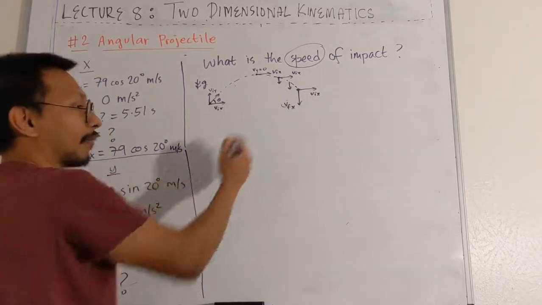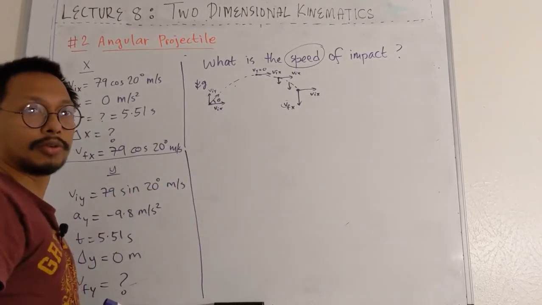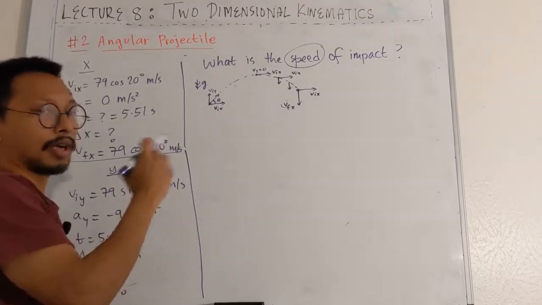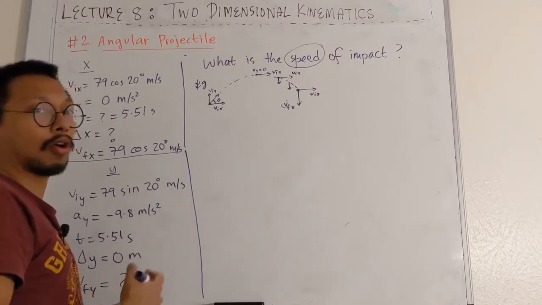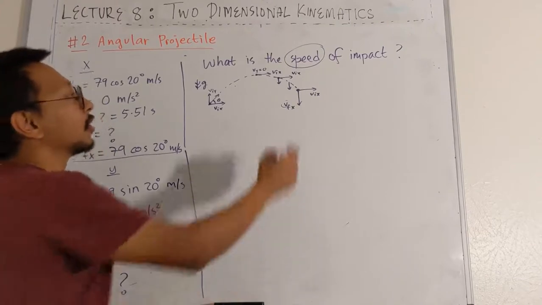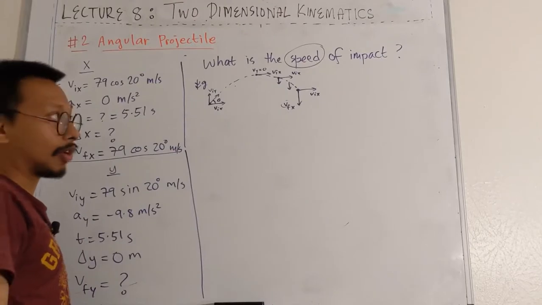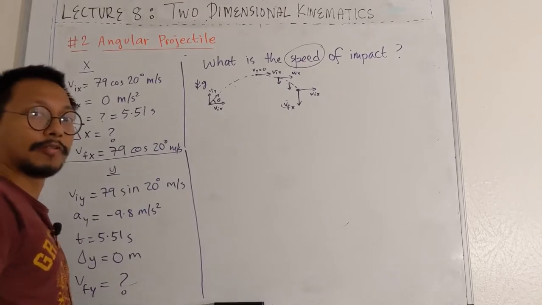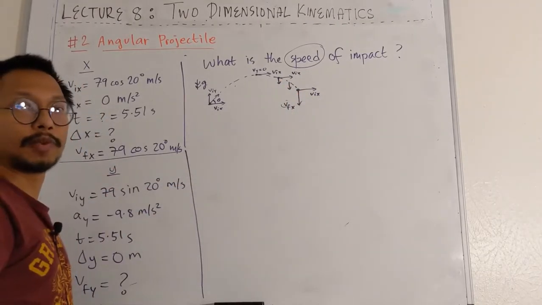So if we can find the y component, then we can use those two to find the net vector, or the additive vector, or the resultant vector, or the magnitude of the vector. Okay, the magnitude of a velocity vector is its speed. So our target ultimately is to find the magnitude of the final velocity vector, which is the speed.